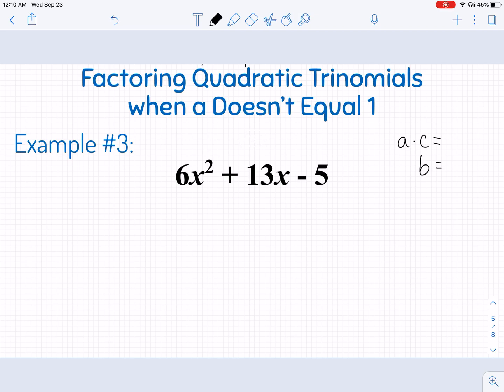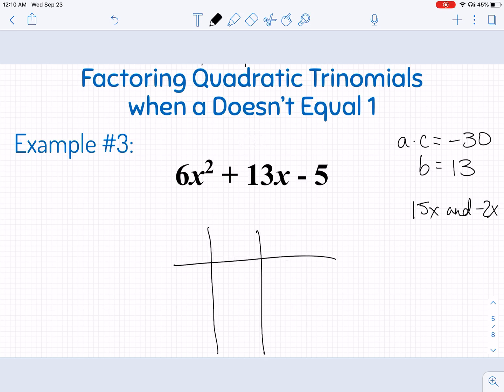Our AC in this case is negative 30, our B is 13, and very oftentimes I'll get people that say 10 and 3, which would work if 30 was positive, but because 30 is negative, the factors we're looking for are 15x and negative 2x. So we're going to create our grid like we've been doing.